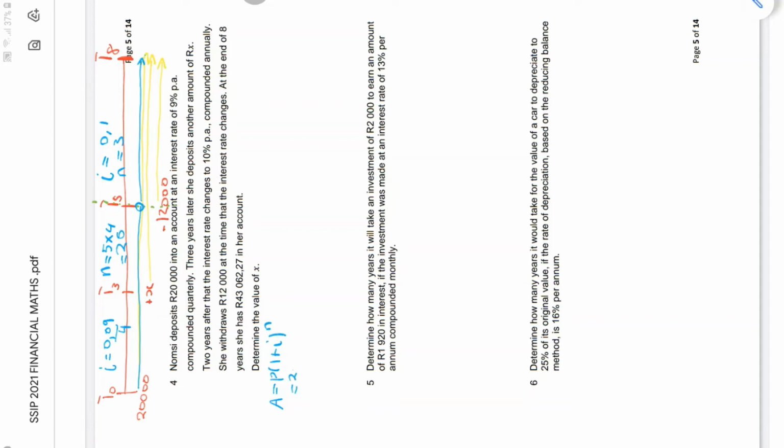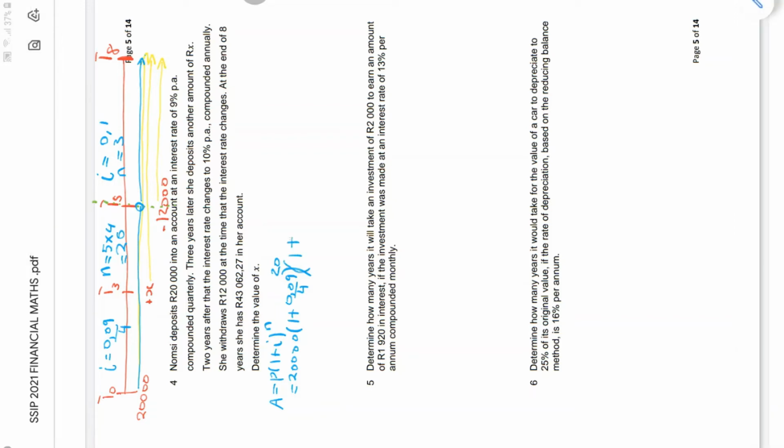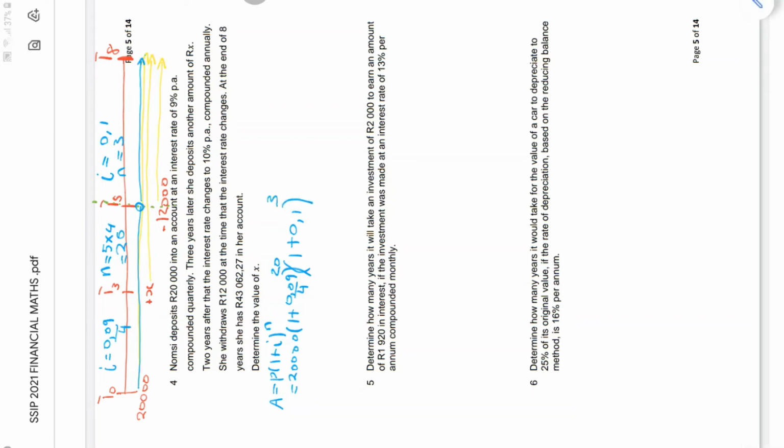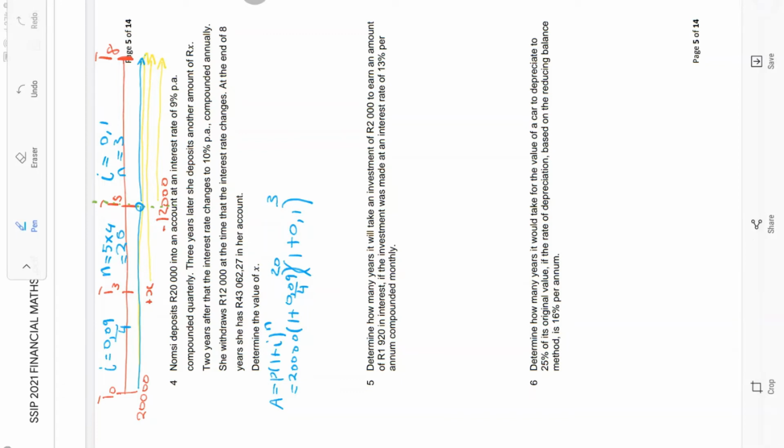So the 20,000 earns the interest of 9% compounded quarterly for the first 20 quarters. Now we are at T5. After, the interest rate changes to 10% compounded annually, which means our n is 3 years. We are done with the 20,000.